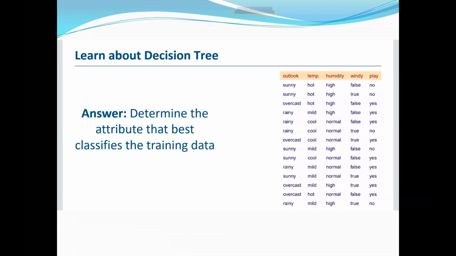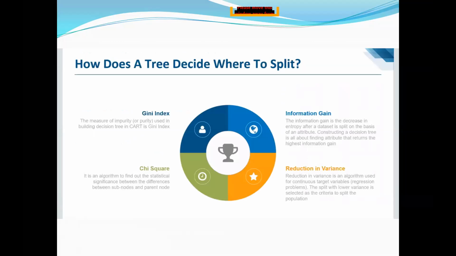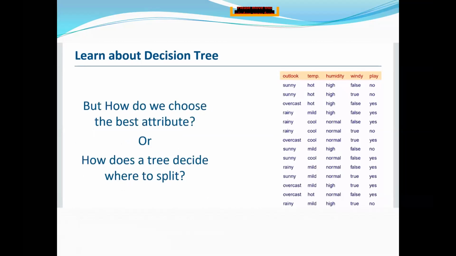That is the answer so far, but we don't know how to choose the best attribute, or how the tree decides where to split. So we have to investigate that further, and I will answer all these questions in the upcoming slides.